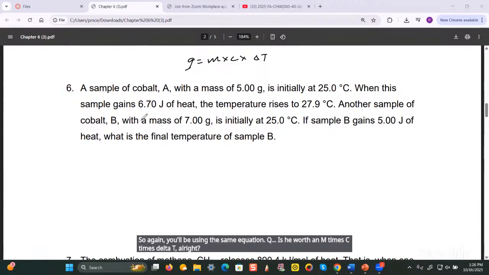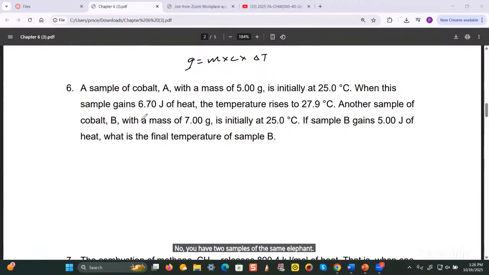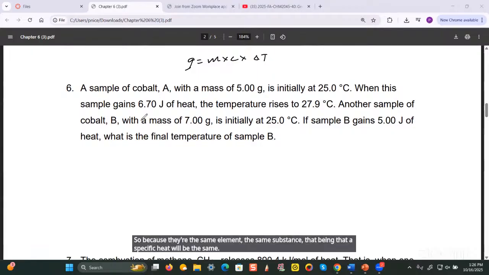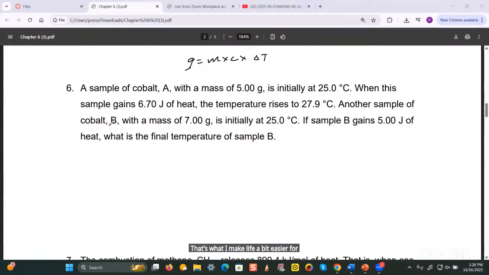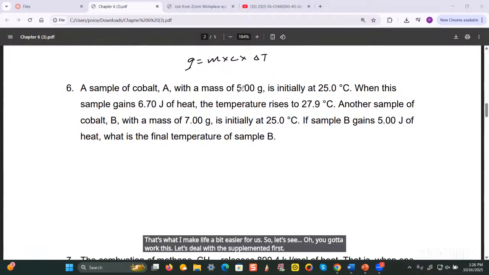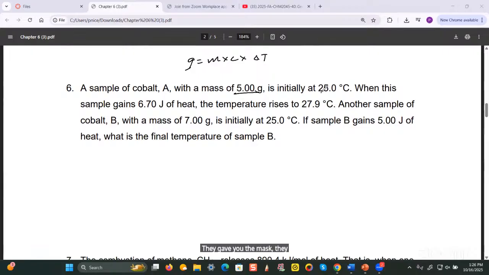Now, you have two samples of the same element. Because they're the same element, the same substance, that means that the specific heat will be the same. That's going to make life a bit easier for us. So let's see how we can work this. Let's deal with sample A first. They gave you the mass, the initial temperature, the final temperature, and the heat, right?